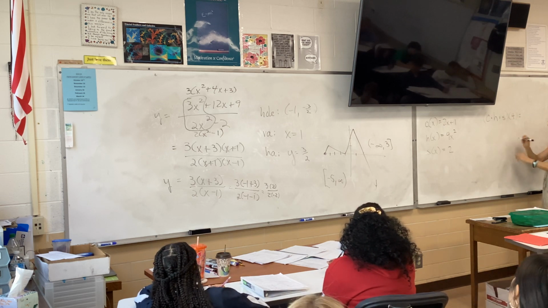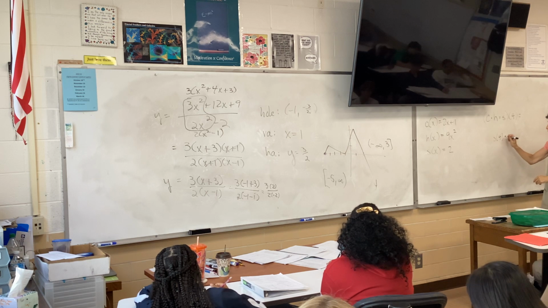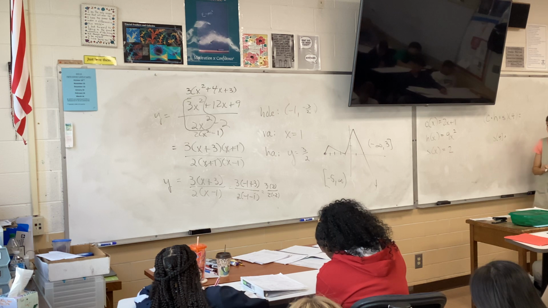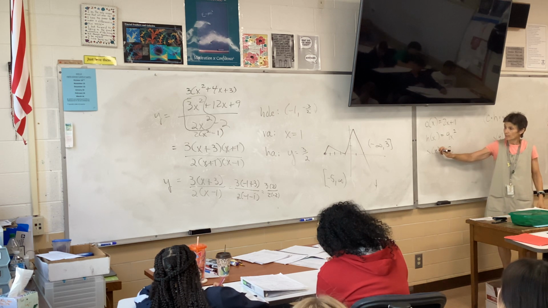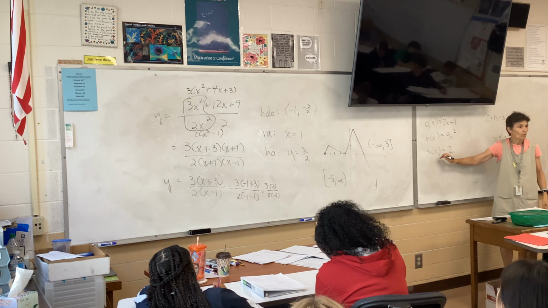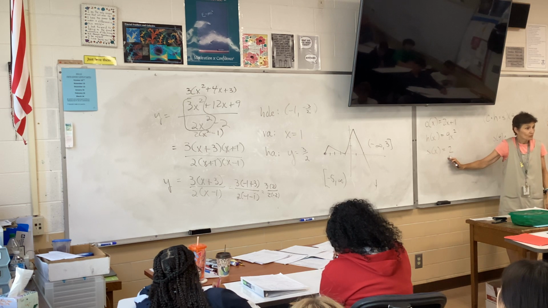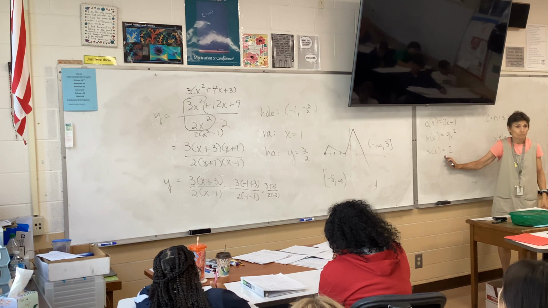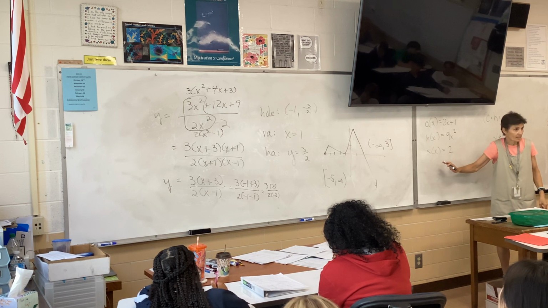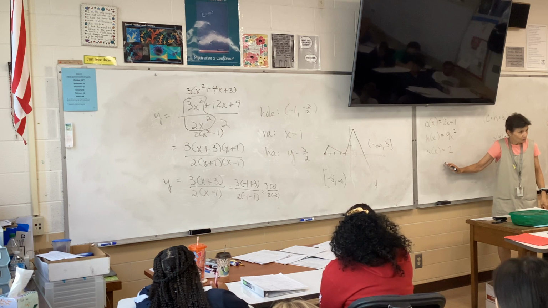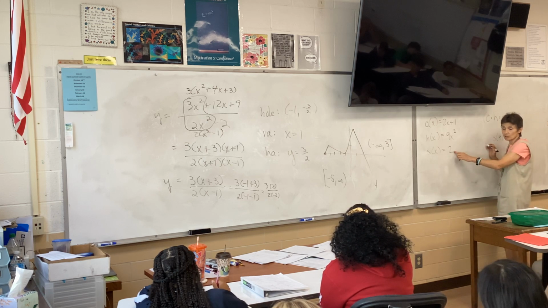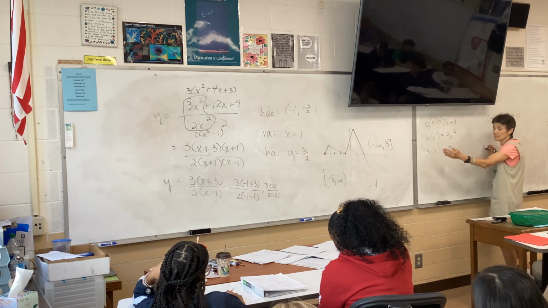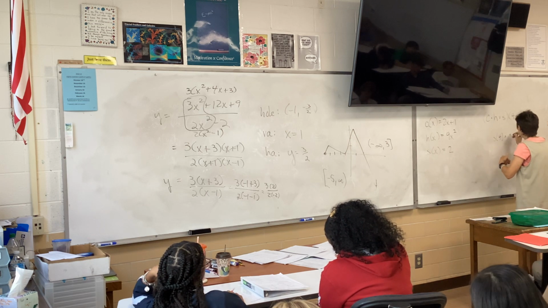So the first thing we're gonna do is find S of 4. What happens when I put a 4 right here? What does S of 4 equal? 2. What does S of 5 equal? 2. What does S of anything equal? 2. So this is a constant function. It's always gonna be 2. No matter what you put in, it's gonna be 2. So S of 4 is 2.